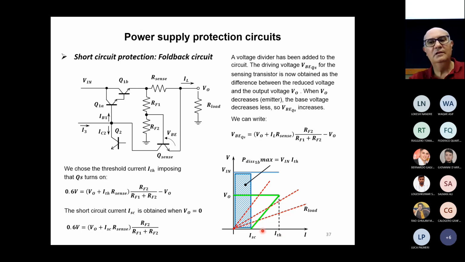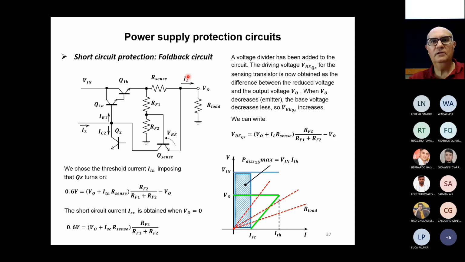Because in this case, again, the worst case situation is the short circuit. When we have a short circuit, if we decrease the current that is passing through the series pass transistor, we are protecting the transistor itself. In a constant current system, we will have that large area as the power dissipated in our output transistor.